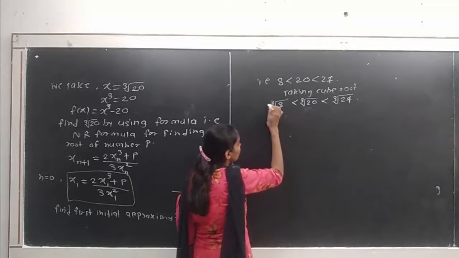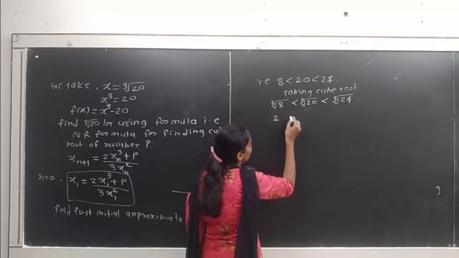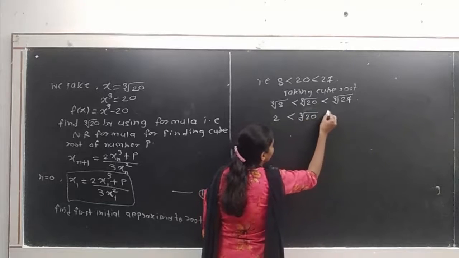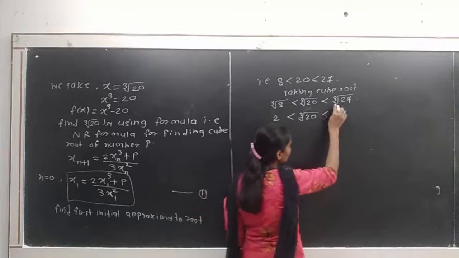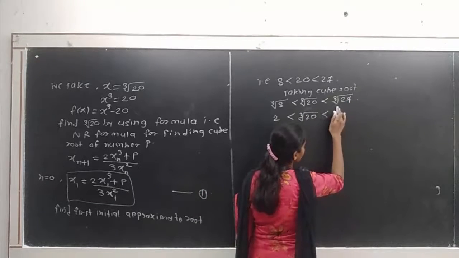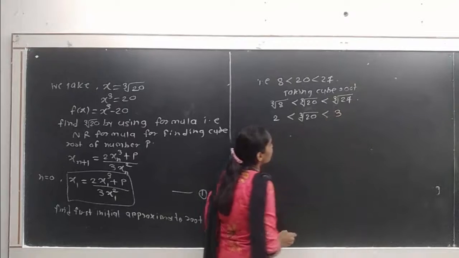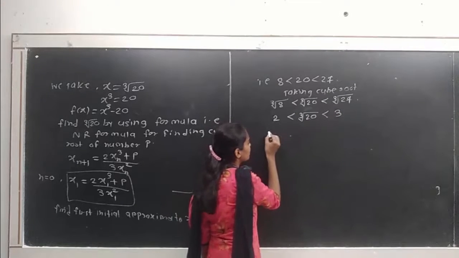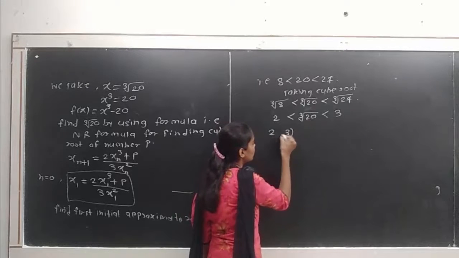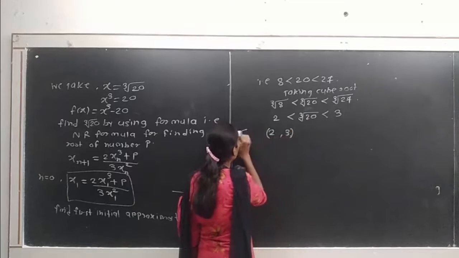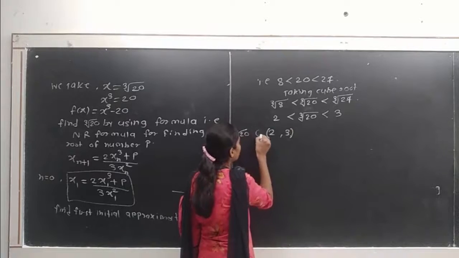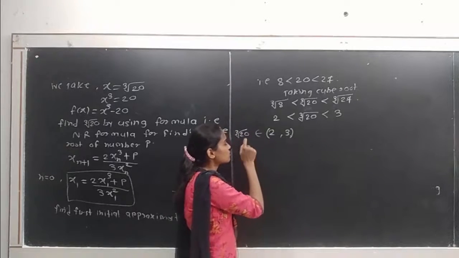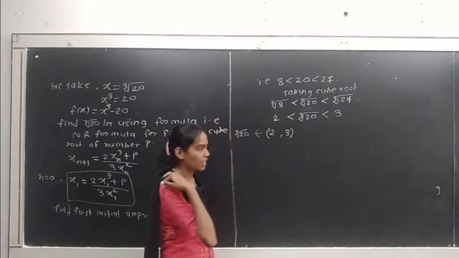Then cube root of 8 is 2, and cube root of 27 is 3. So we have the interval (2, 3) in which the cube root of 20 lies.